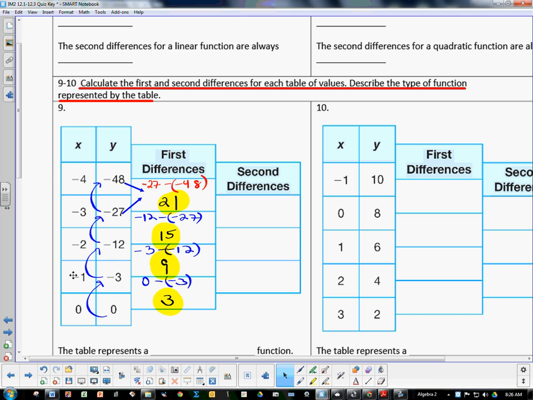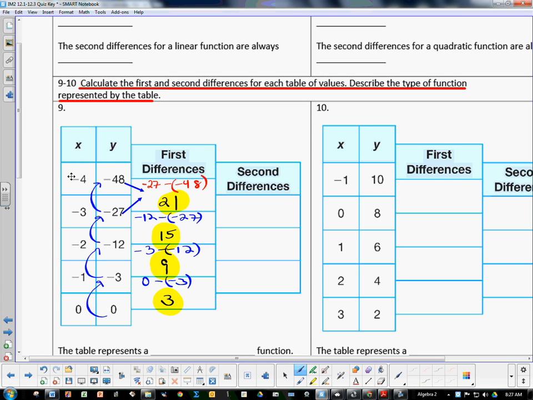These x values have to be consecutive. Do you agree that they are consecutive? 0, then negative 1, negative 2, negative 3, negative 4. You could not find first differences if it read 0, negative 1, negative 5, negative 16, negative 20. They have to be consecutive, one after another, yes? Makes sense? All right, and it works out in this case.